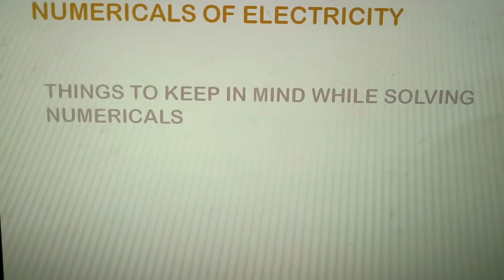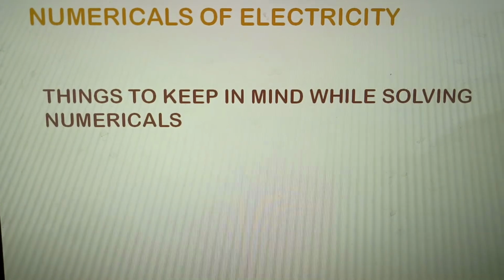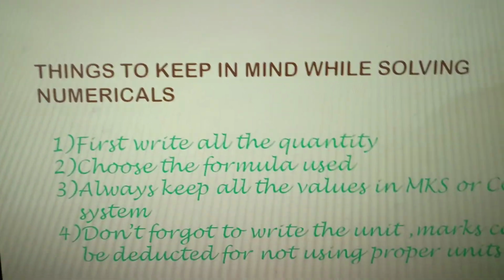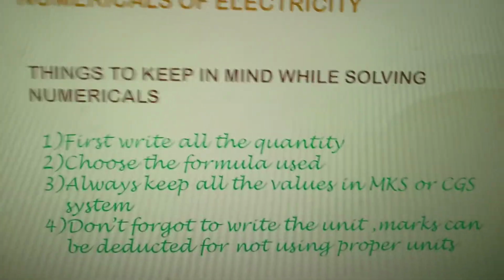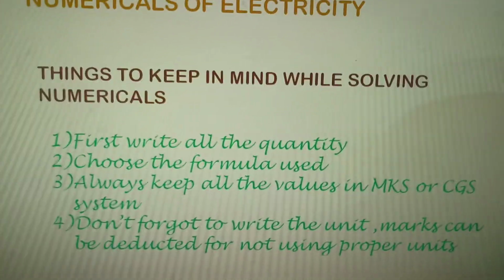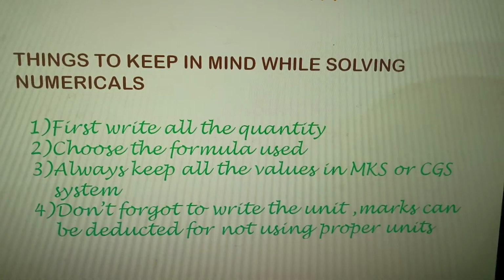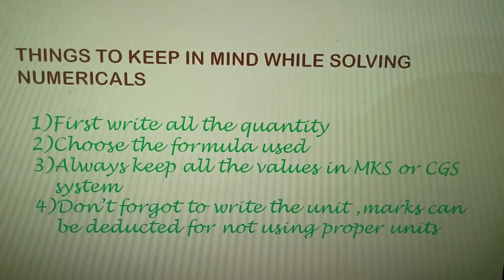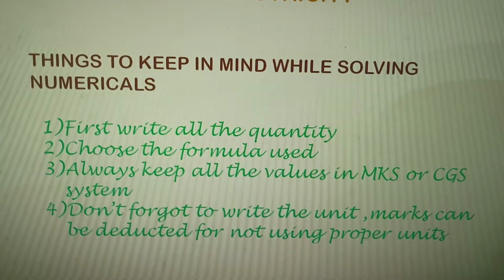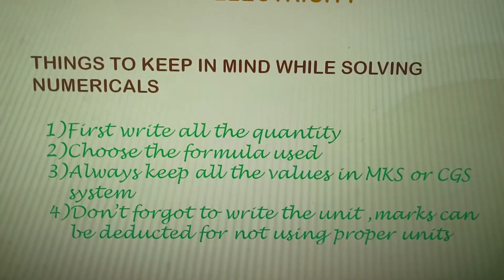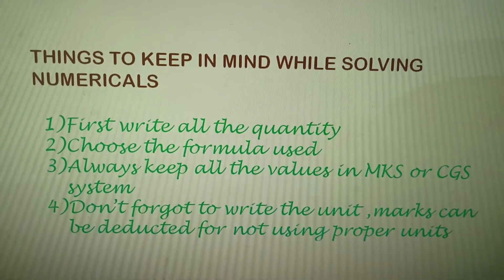The first thing is, first write all the quantities that are given to you, then choose the formula. Which formula are you using? Whether the formula of power or any other thing, such as Ohm's law or heating effect.